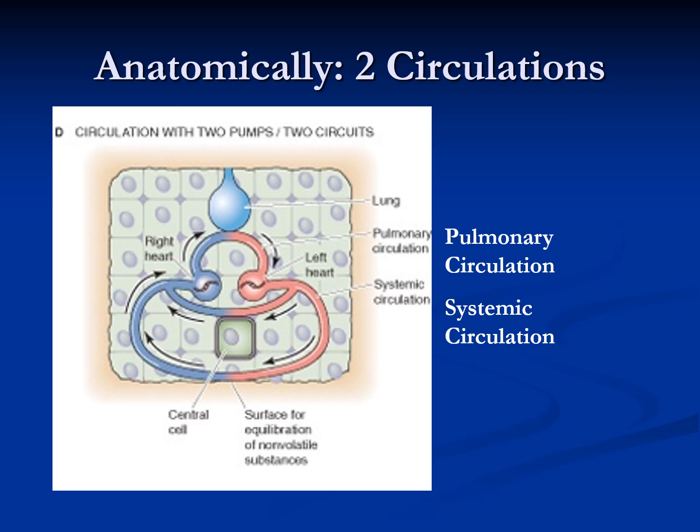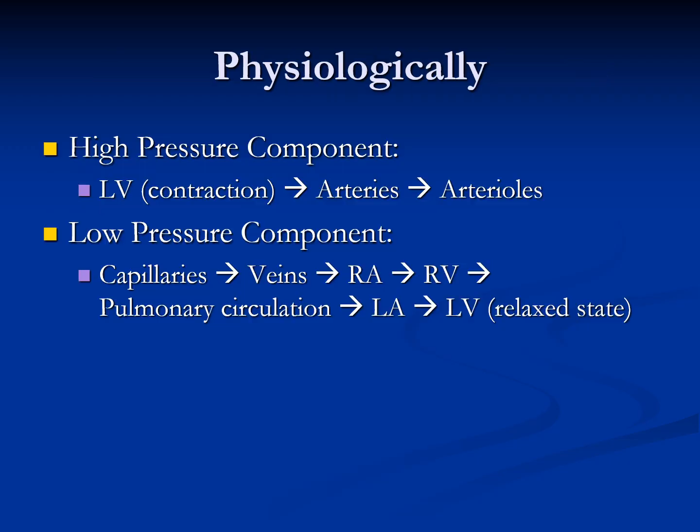But also pathologically, you will learn later on that there are different disease states that can preferentially affect the pulmonary vasculature and spare the systemic vasculature, and vice versa. There are disease states that can mostly affect the systemic arteries, other disease states that can mostly affect the pulmonary arterioles and arteries. This is anatomically.